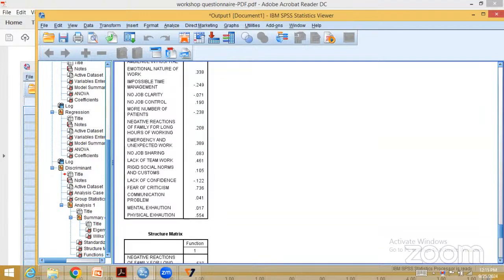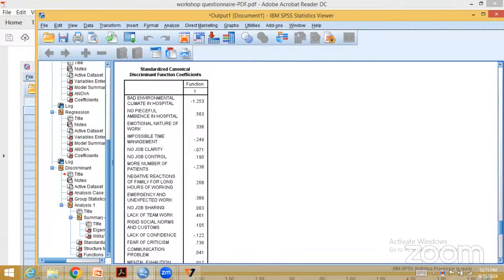Then we interpret the second matrix, the standardized canonical discriminant function coefficient. Negative coefficient is for government hospital and positive coefficient is for private hospitals. Come to the negative first. Bad environmental climate in hospital, minus 1.253.